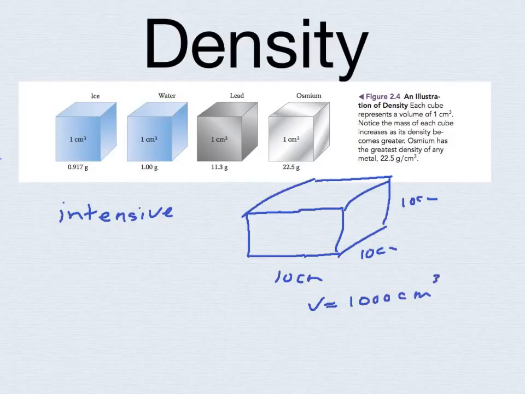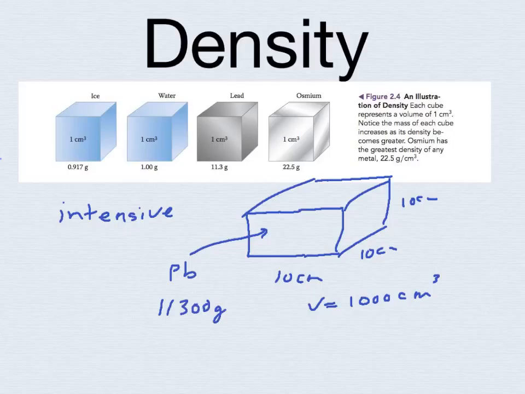If this sample was lead, the third one given in the diagram from your textbook, then it should instinctively follow that the mass of this piece of lead, which is now 1,000 times bigger in size, would be 1,000 times bigger in mass. So instead of being 11.3 grams, it would be 11,300 grams.